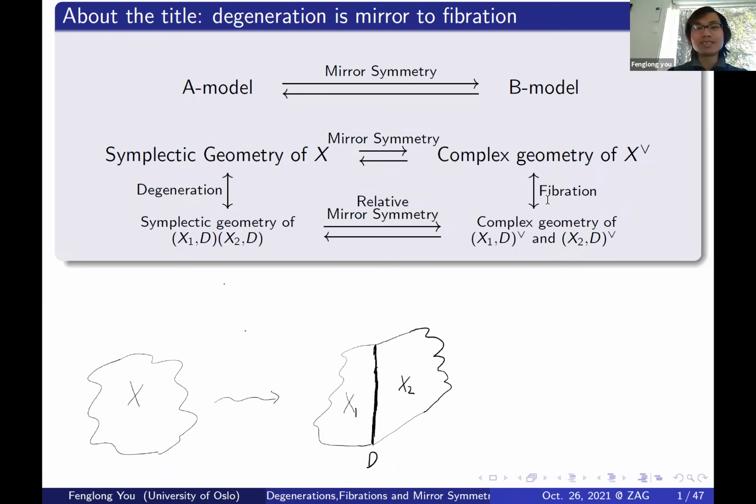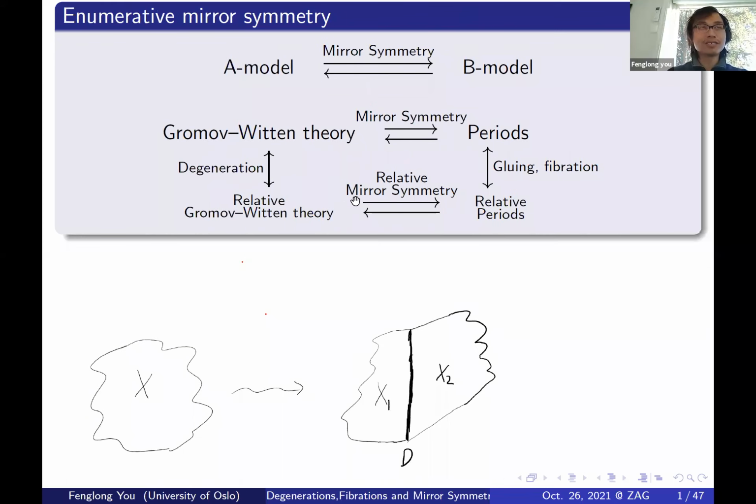To be more precise, what I want to talk about today is this diagram here. In general, when you study mirror symmetry, we can study different things. We can study categories, but here I think it's more suitable to study the more classical version of mirror symmetry, which relates Gromov-Witten invariants with periods.